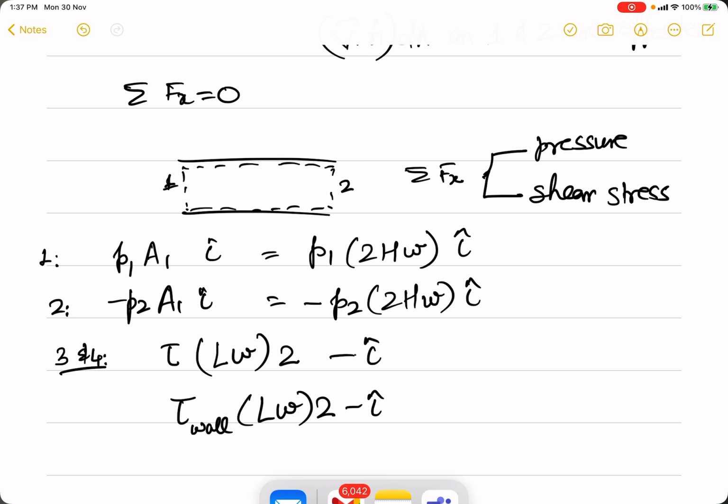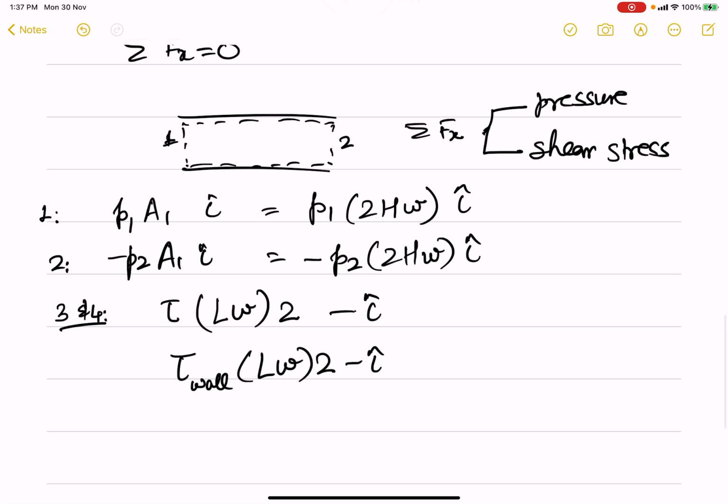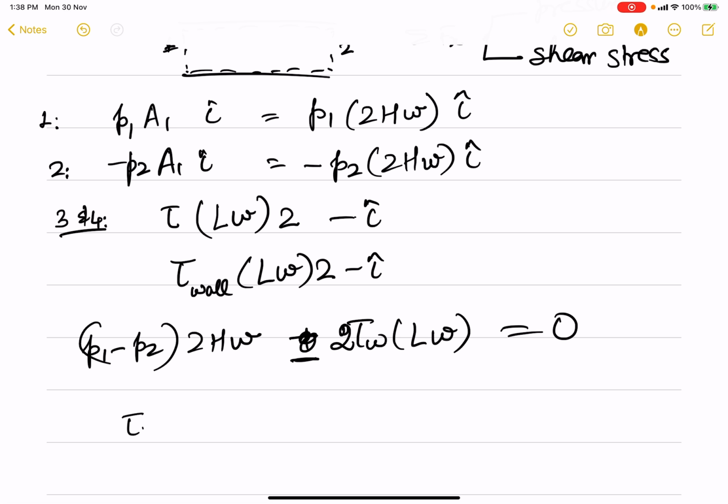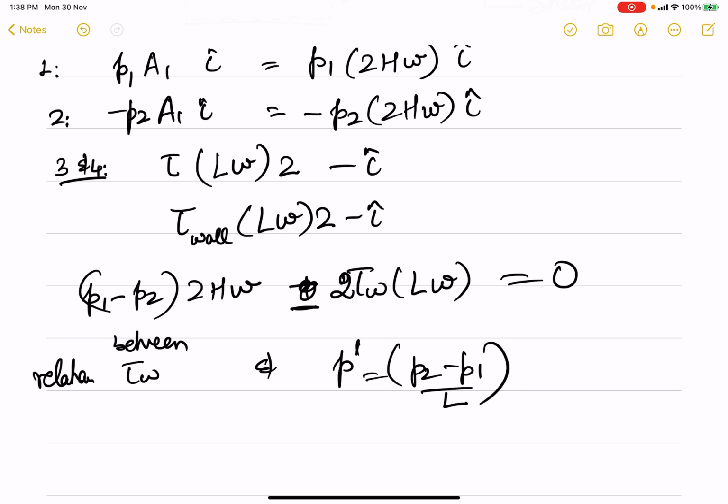Now when we equate all these, what we get is P1 minus P2 into 2hW minus shear stress on the wall times LW times 2 is equal to 0. And from here we can find a relation between tau wall and P prime, which is equal to P2 minus P1 divided by L. And you will see we get the same relation which we got from the differential flow analysis. So things all match.